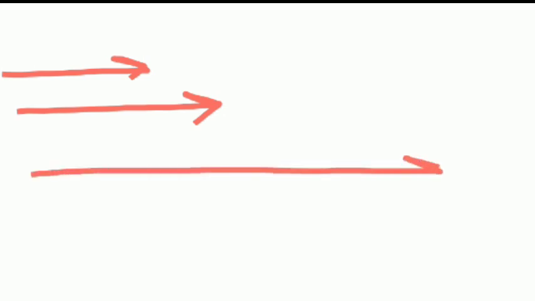Suppose we are adding two parallel vectors. Then we will get another vector in the same direction, the magnitude of which is exactly equal to the sum of the magnitudes of these two vectors.